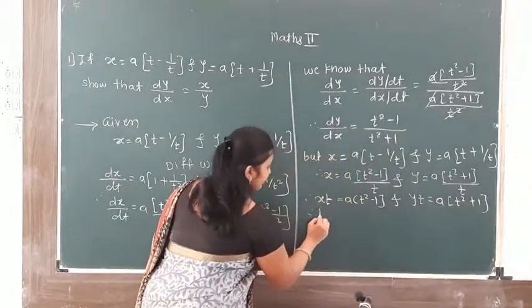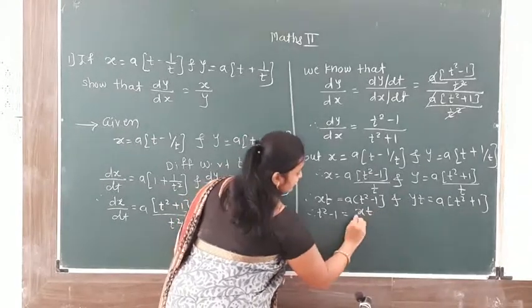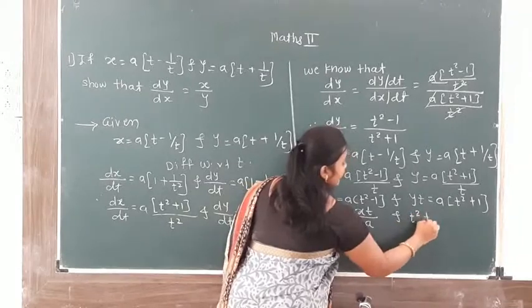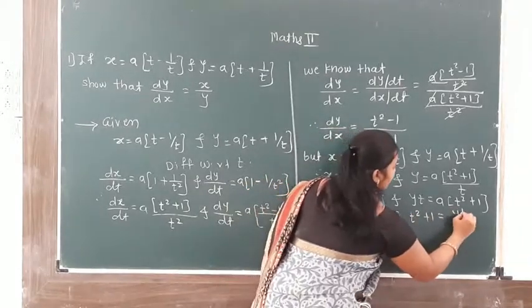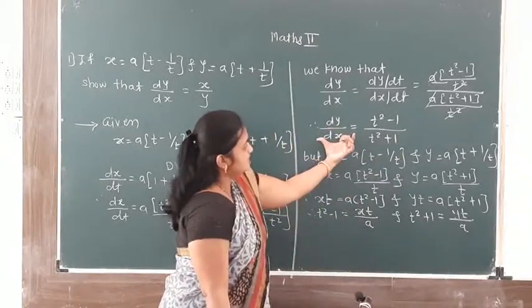So we get t² - 1 is equal to xt/a and t² + 1 is equal to yt/a. These two terms we substitute here.